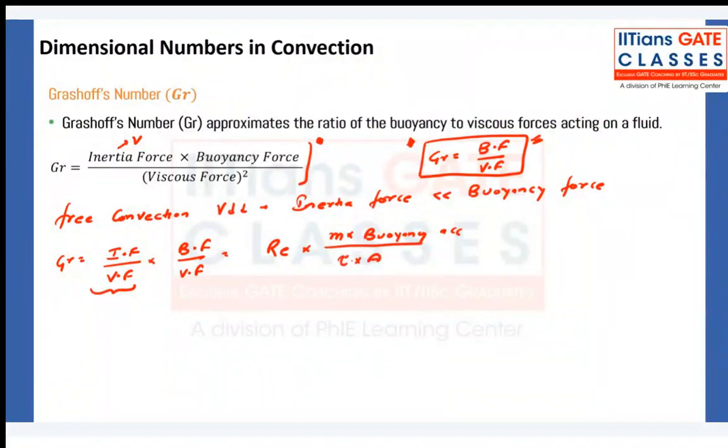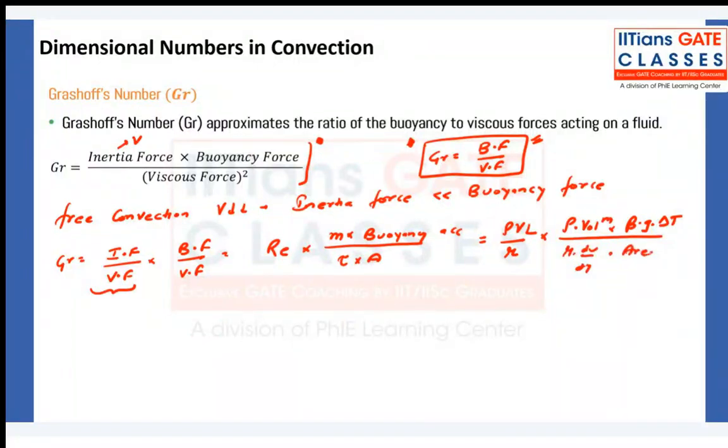Okay, so we can simplify this. Reynolds number is rho V L by mu, into mass, which is density into volume, and buoyancy acceleration is given by isobaric volume expansion coefficient beta, g and delta T, the change in temperature, upon mu du by dy into area.